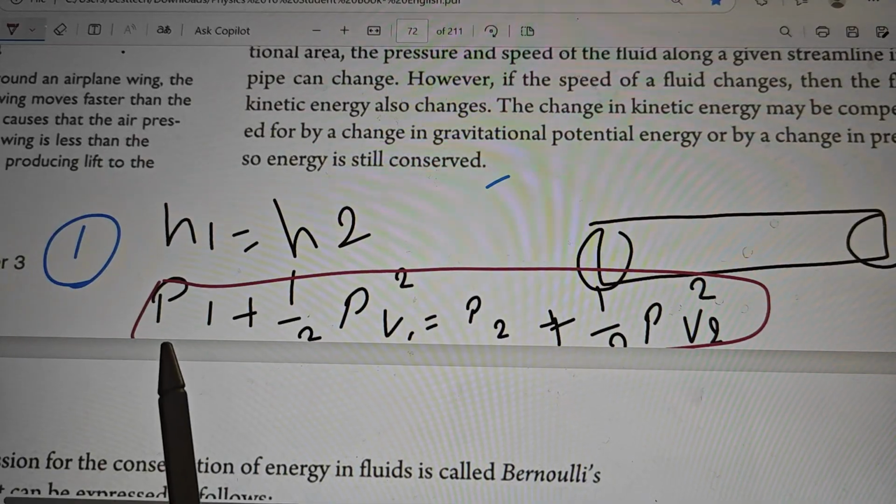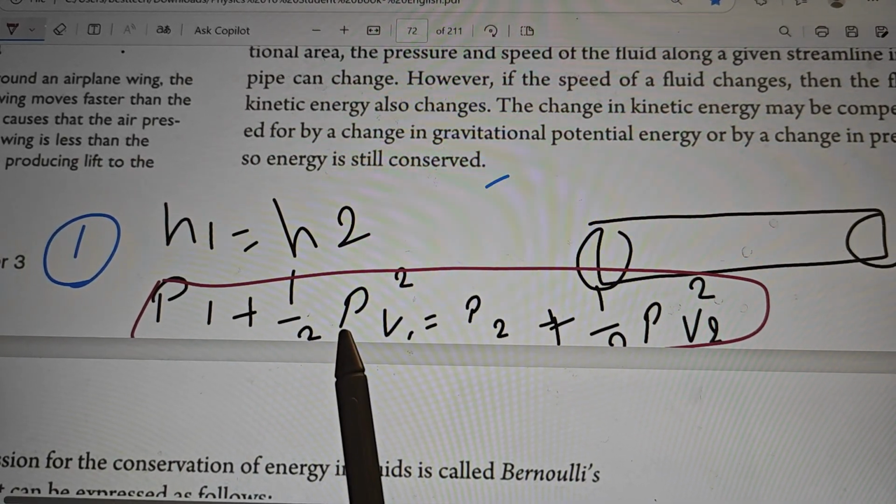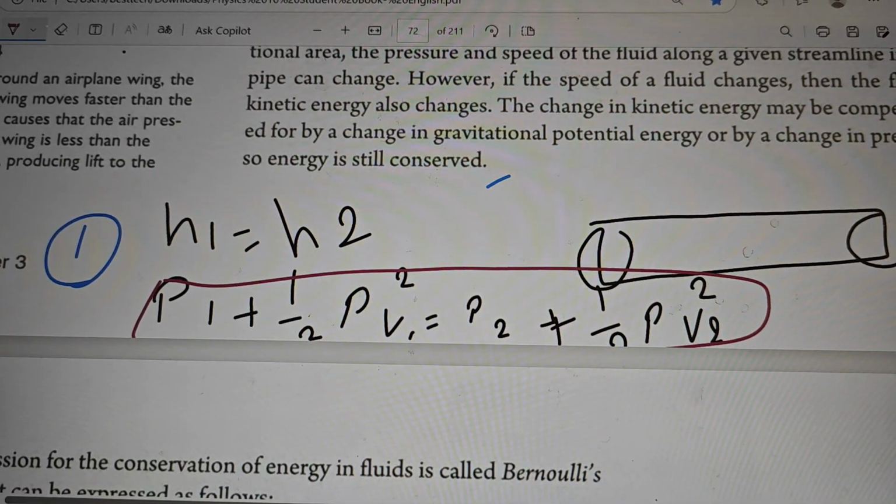We are going to use this rule when the question says the pipe is horizontal, so both heights are equal. P1 is the first pressure, 1 over 2 rho V1 squared is the density and velocity. This is the second pressure, density and velocity.